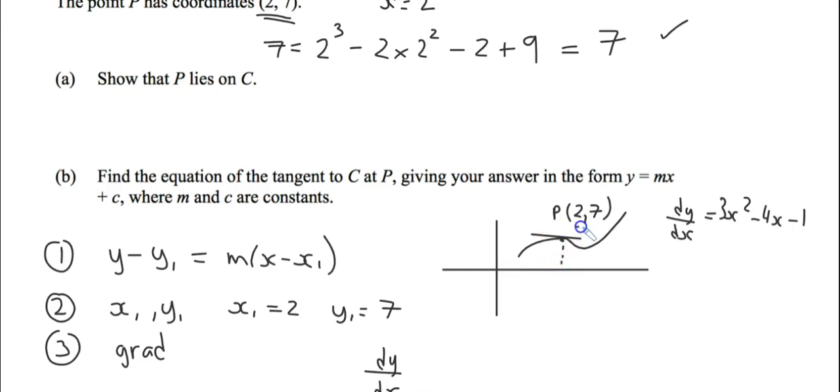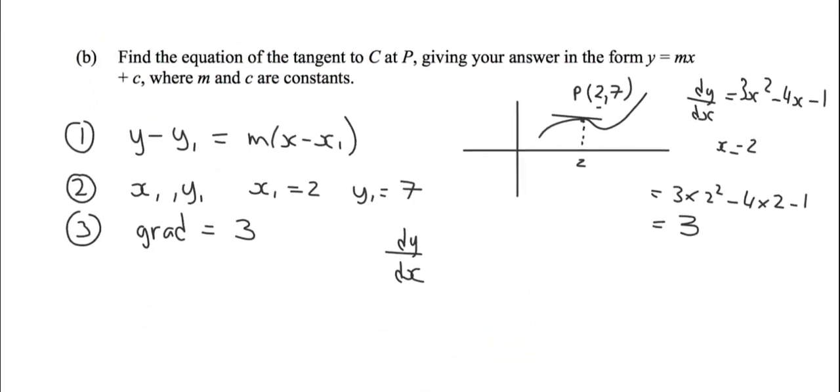Now, we know the x-coordinate is 2. So then when we sub x = 2 into this, we will get 3 times 2² minus 4 times 2 minus 1. So that's going to equal 3. So our gradient now is 3. And so all we now need to do is to substitute all this information into the equation.